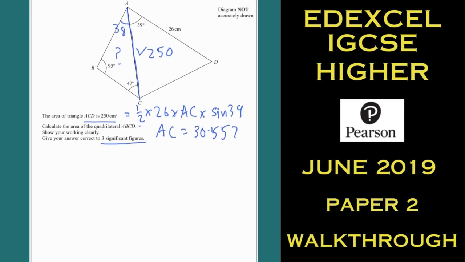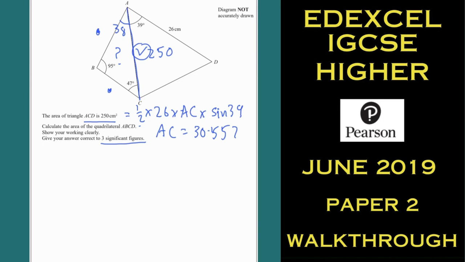We can move on. Now, logic, if you want to work out the area of the left-hand triangle, you're going to need to use this same formula again, a half AB sine C. Now, because we've already got this side, we're going to need to either work out this side or that side.